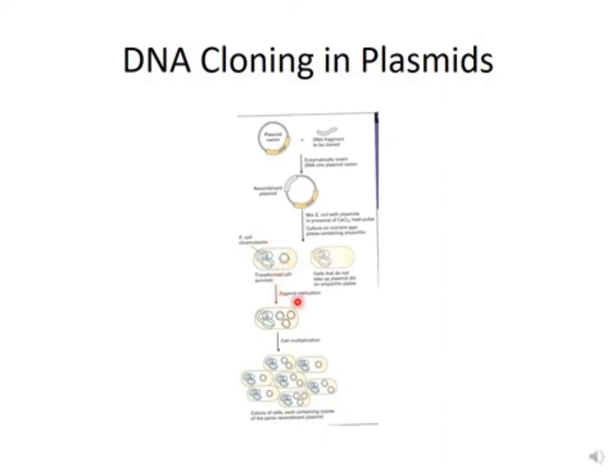Afterward, the plasmid is going to replicate itself inside the cell, making multiple copies of the DNA fragment of interest, and afterwards the cell itself is going to multiply using mitosis, and all these cells are going to have multiple copies of the recombinant plasmid here. So we're going to have multiple copies of the DNA fragment that we want to clone.